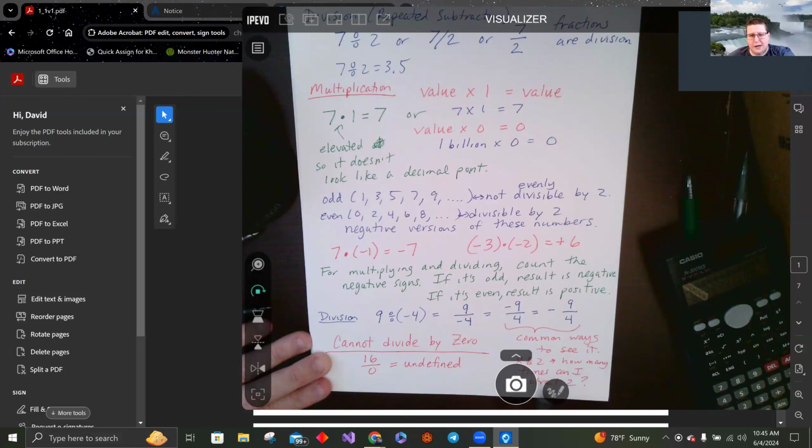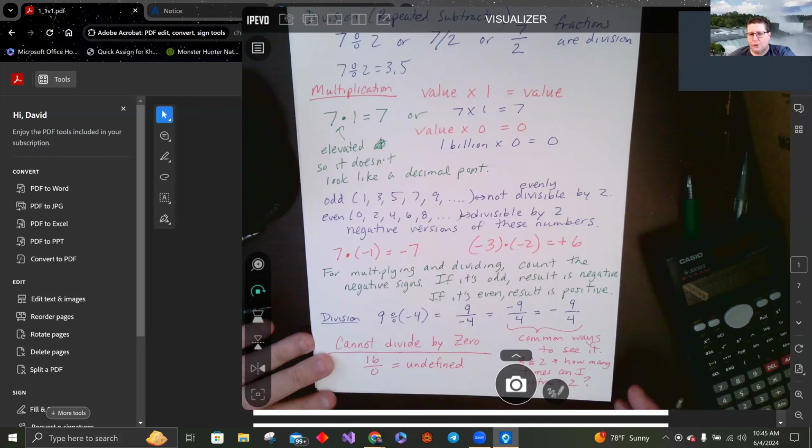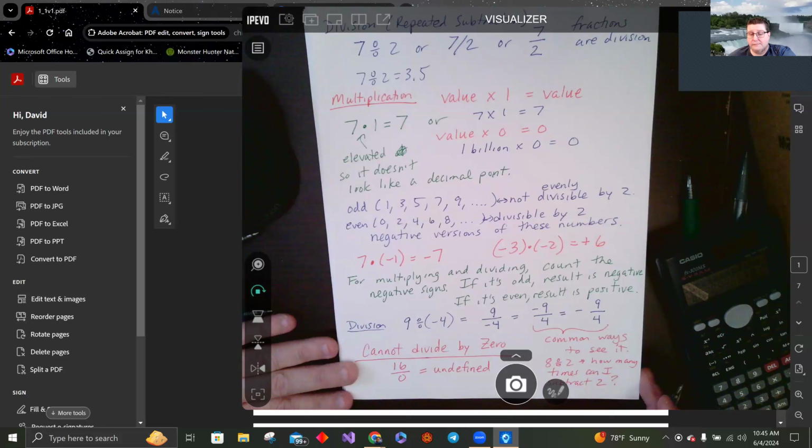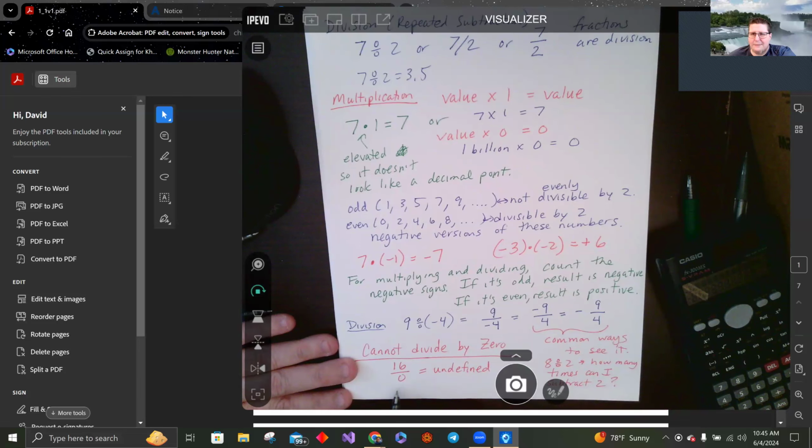If I keep subtracting 2, I can only subtract 2 4 times. And so 8 divided by 2 is 4. 16, I can keep subtracting 0 and it never goes down. So it's called undefined.